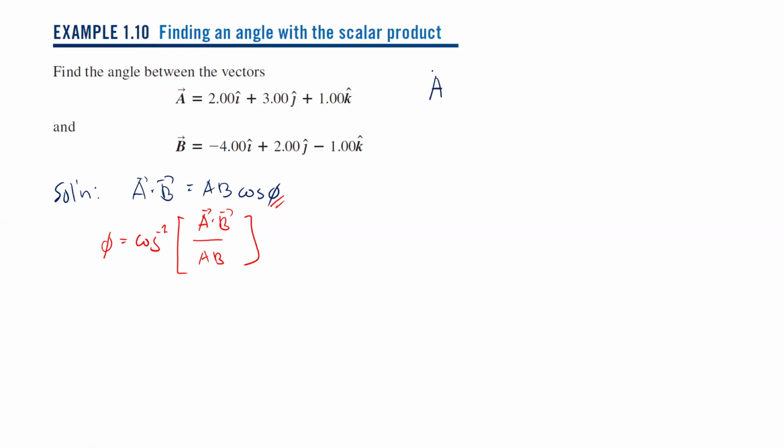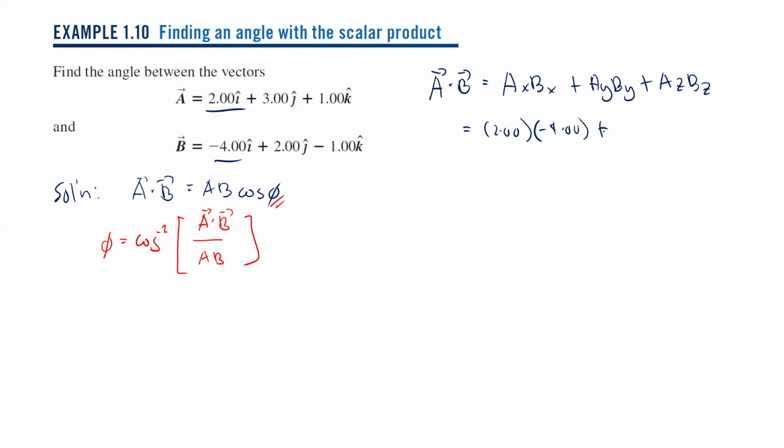So let's find first A dot B. How do we do this? From our derivation, AX BX plus AY BY plus AZ BZ. Okay. So AX here is just 2.00. The BX here is negative 4.00, plus the AY 3.00 times 2.00, plus 1.00 times negative 1.00.